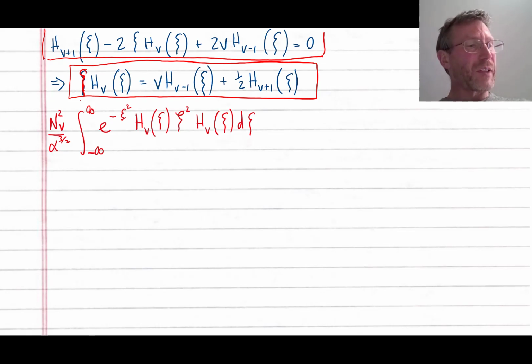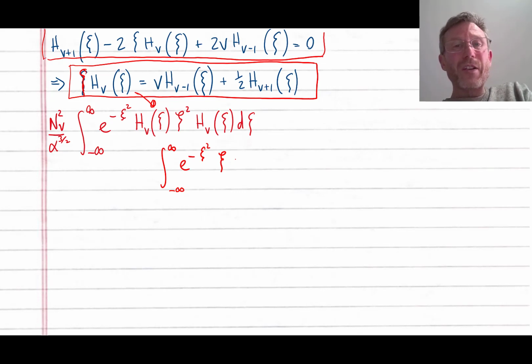And what that allows me to do now is actually plug this into this expression down below, right? So I'm going to replace one of the xi terms. Let's write this out. So I'm going to get my e to the minus xi squared, and then I'm going to have my xi in here.